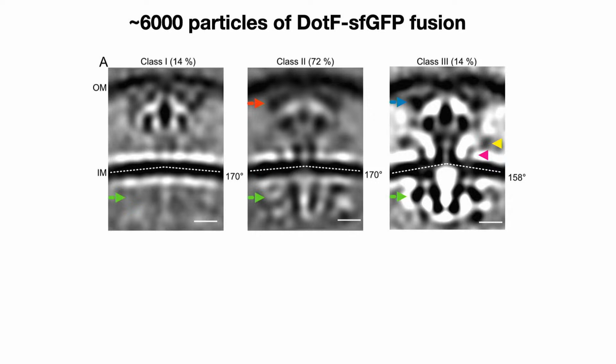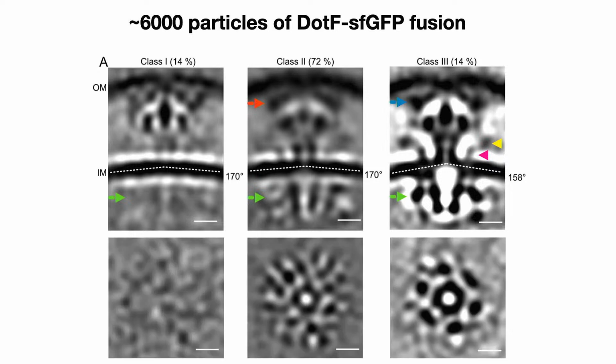So our interpretation is that these classes contain a bunch of different kinds of particles that are not fully assembled or not rigid, and this class is the majority of particles that are more completely assembled or more structurally stable. And so we proceeded to move forward with just these 14%. These are cross-sections through the cytoplasmic densities.